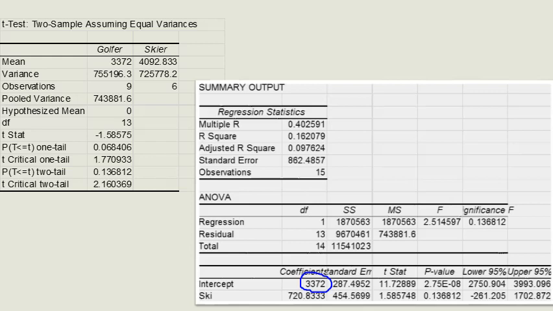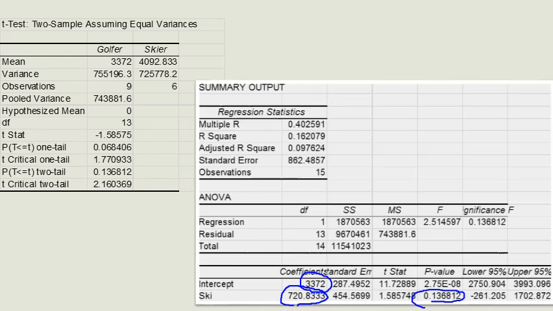Then I would look at this slope coefficient to see that skiing holidays are, on average, about $720 more expensive. Then, looking to the side, I would see that this difference is not significant and conclude that skiing holidays are no more expensive than golf.